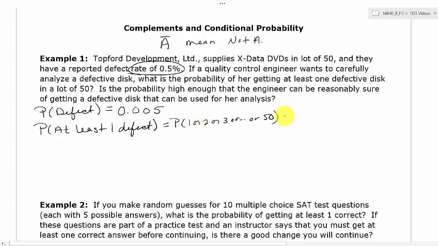So it would be much easier for us to find the probability of the complement. There's the probability of 1 or 2 or 3 or 4 all the way up to 50, and then 0. That would be everything if we included 0 in there. So the probability of this whole thing would be 1 minus the probability of no defects.